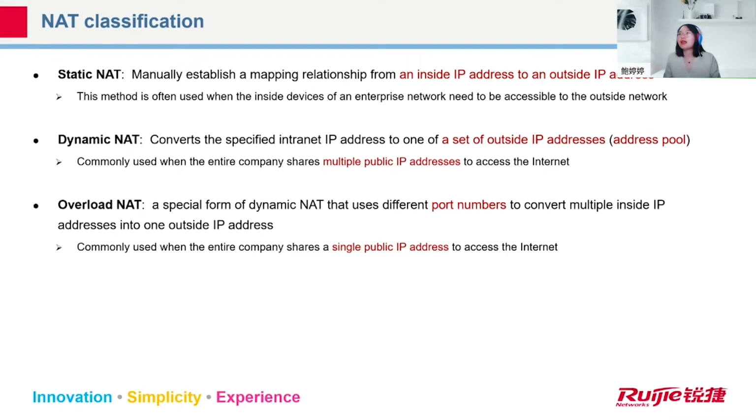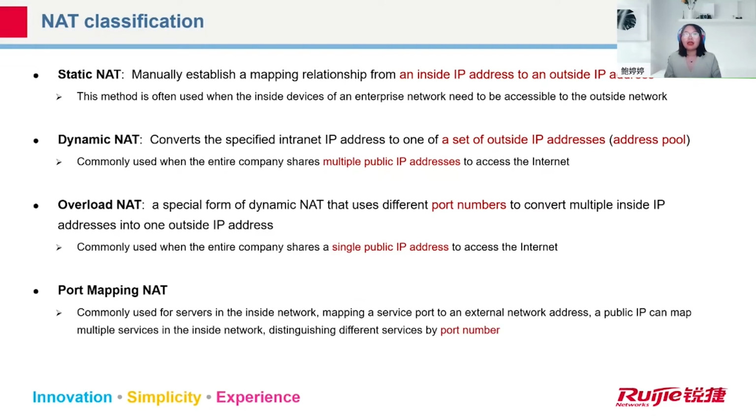So if you have 100 computers that want to visit the internet at the same time, you cannot get 100 public IP addresses, right? But for one IP address, we can have more than 60,000 port numbers. We can use one port number to indicate one private IP address. This technology we call overload NAT.